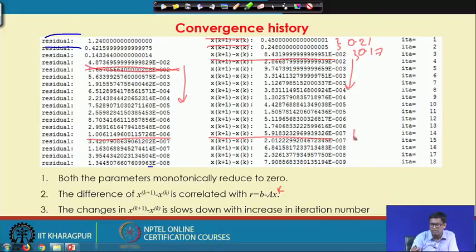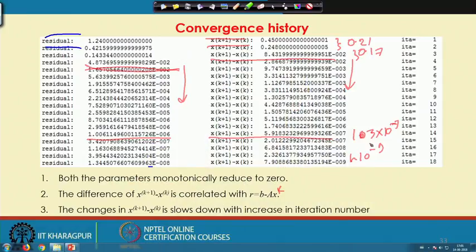Here this difference reduces by 0.3 into 10 to the power minus 7. Here this difference reduces by something of the order of 10 to the power minus 9. So, the rate at which the differences are reducing is also slowing down with the number of iterations.